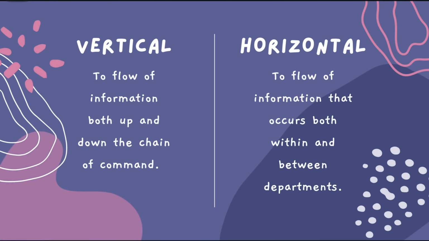There are 2 types of formal communication, which are vertical and horizontal. Vertical is flow of information both up and down the chain of command, while horizontal is flow of information that occurs both within and between departments.